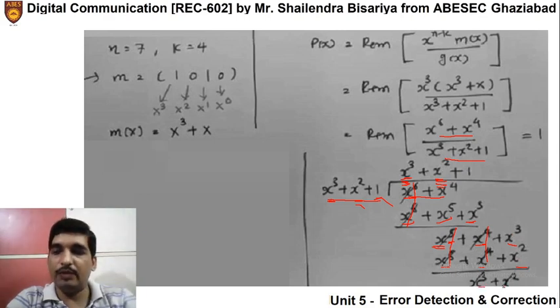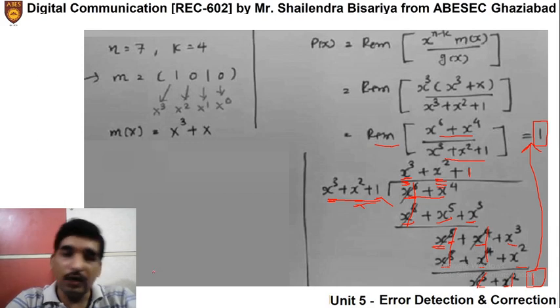Now it is x cube, so we multiply with 1, which gives x cube plus x square plus 1. So x cube plus x square both cancel and only 1 remains, right? So 1 is the remainder, simply 1 in this case.